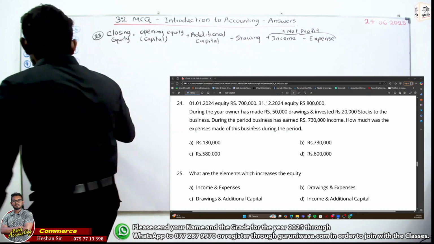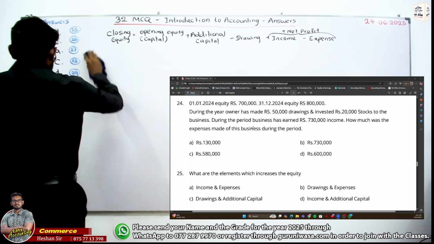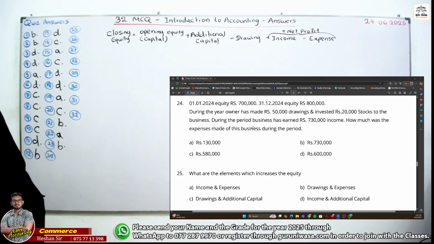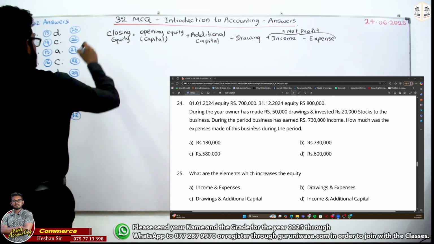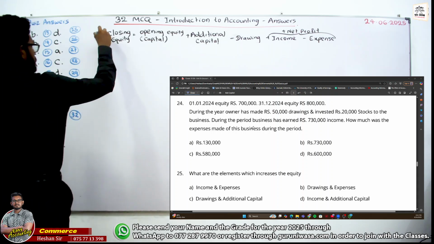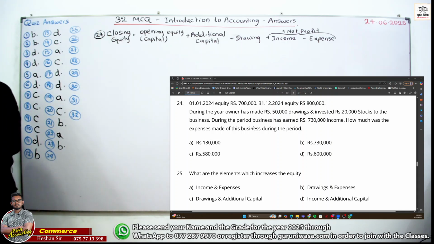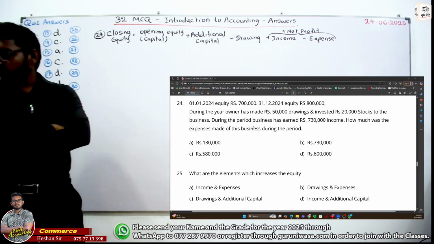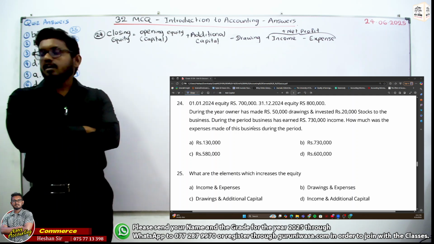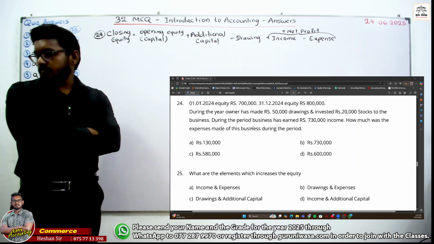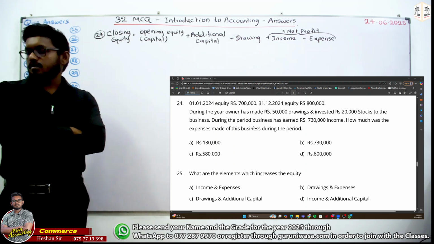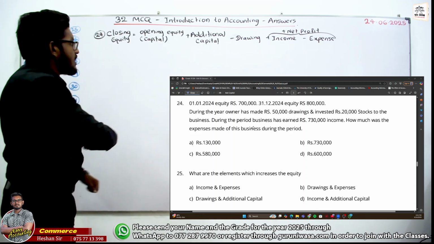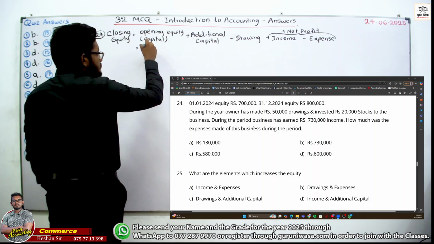Right. 24. 1st January 2024, equity 700,000, which means now they are asking about January to December. Capital is 700,000.